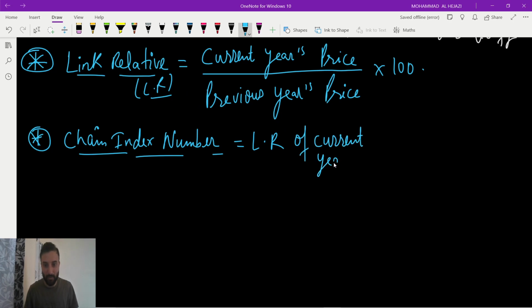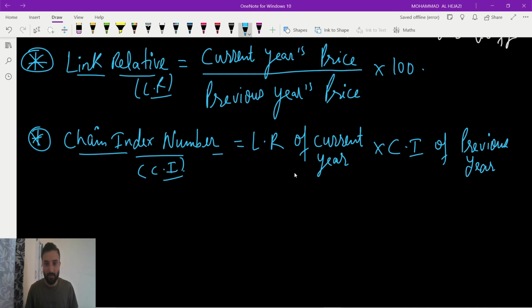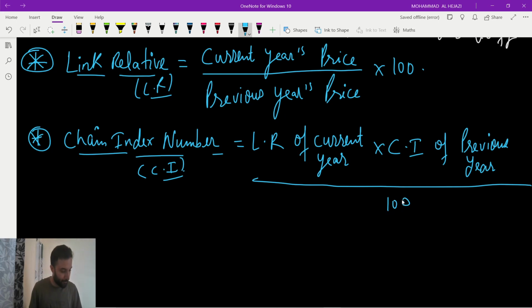Link relative of current year into, I will write CI, which means chain index. Link relative of current year into chain index of previous year, whole divided by 100. And for the base year, base period, we will take 100 only.